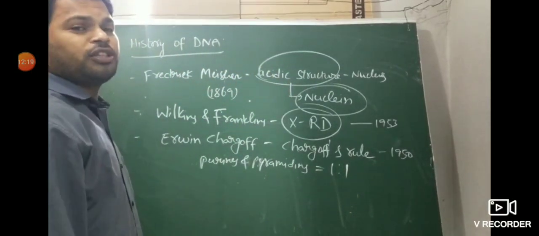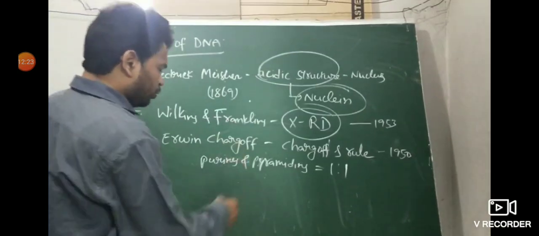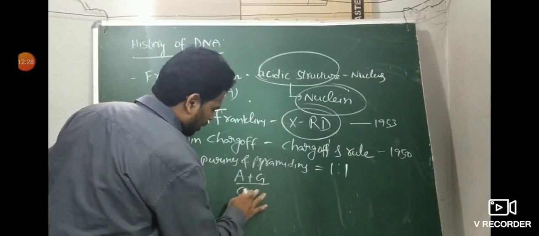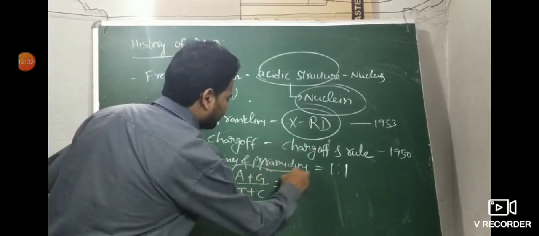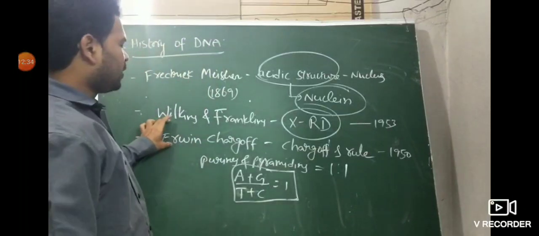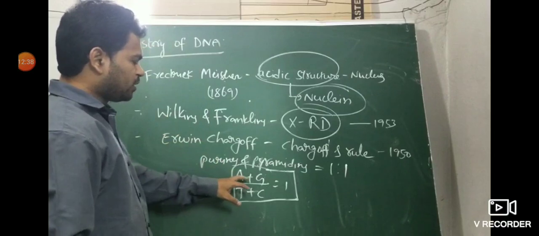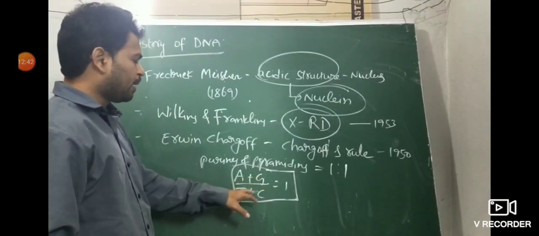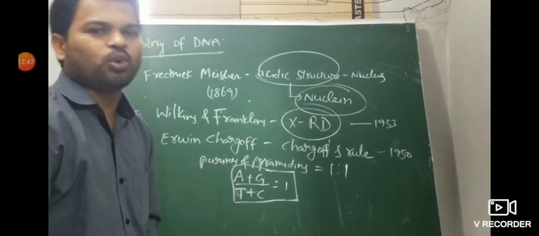However much purine there is, the same amount of pyrimidine is there. The formula is (A plus G) divided by (T plus C) equals 1. A and G are purines, these are pyrimidines.